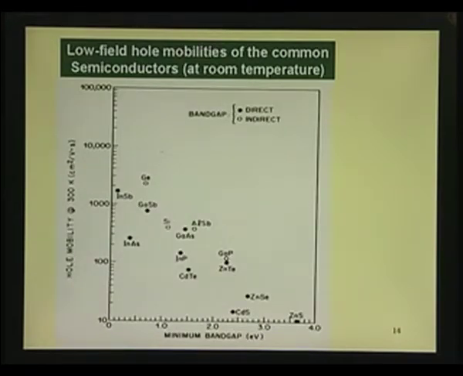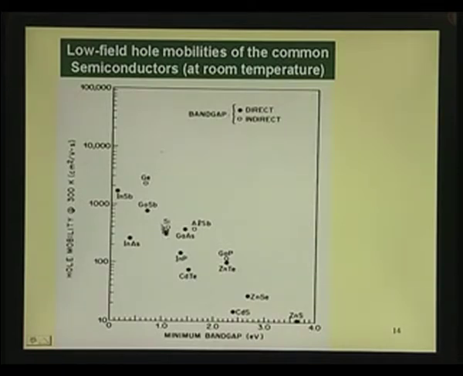Now, we have said about electron mobility. I have been silent about the hole mobility. I have been silent because it does not look attractive. You can see here silicon, for example, hole mobility is about 400, 450.